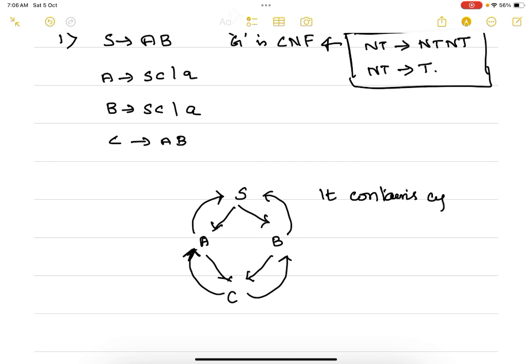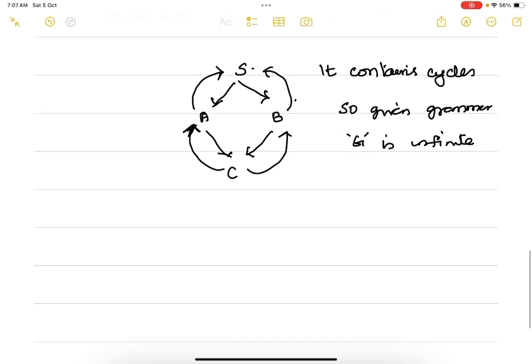So the given grammar is not finite; otherwise put, it is infinite. See, from S to A to S, S to B, B to S, A to C, C to A. Likewise, it has many cycles. Even if it has just one cycle, we say that the grammar is infinite. Now we'll check one more problem for this one, the second one.